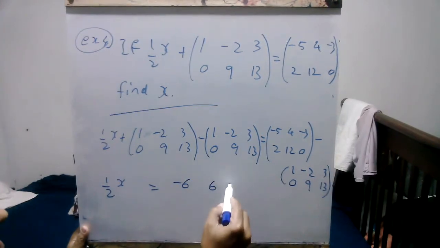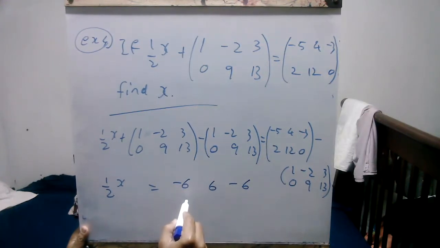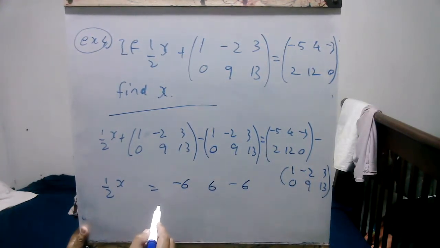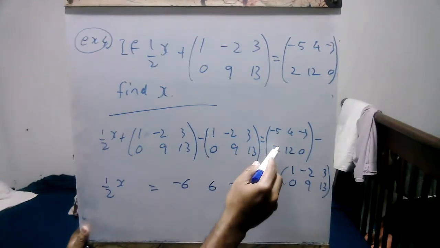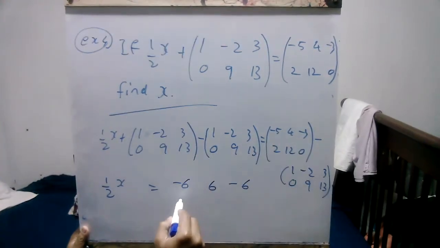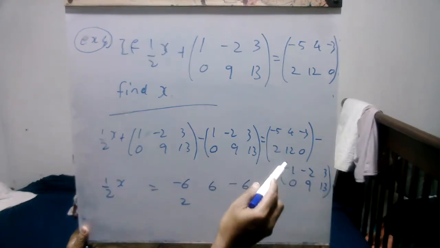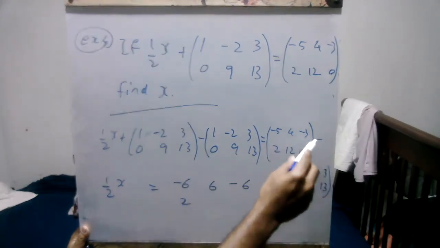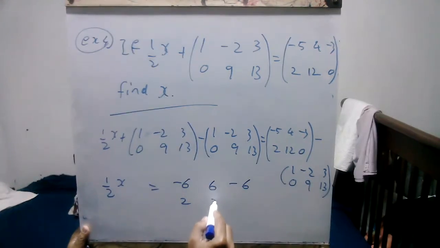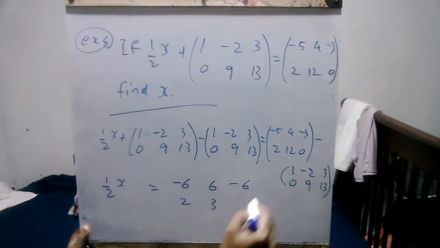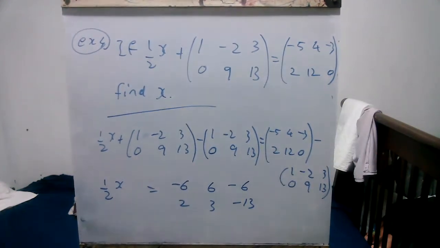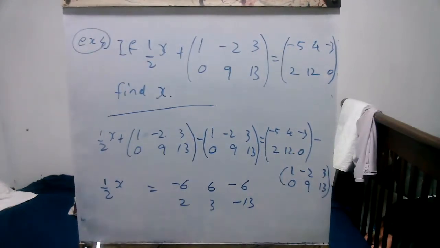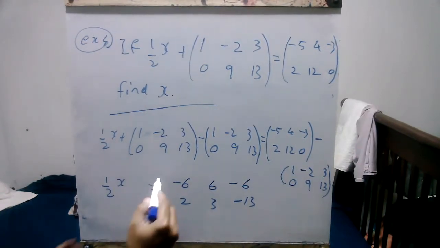Negative 3 minus 3 is again negative 6. 0 minus 2, 2 minus 0 is 2. 12 minus 9 is 3. 0 minus 13 is negative 13. Right.